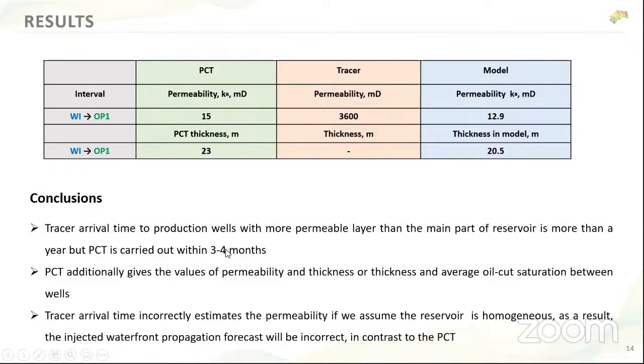And the time of the test, of course, is much shorter for pressure interference than for the tracers. So in the case that we have high heterogeneity in vertical permeability, interference test provides much more reliable information than the tracers.